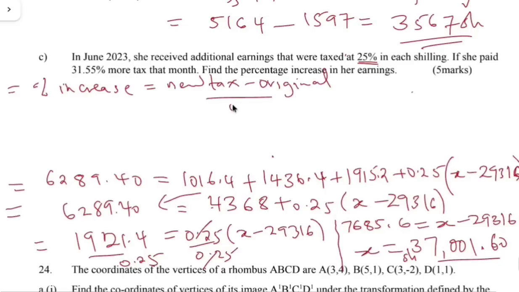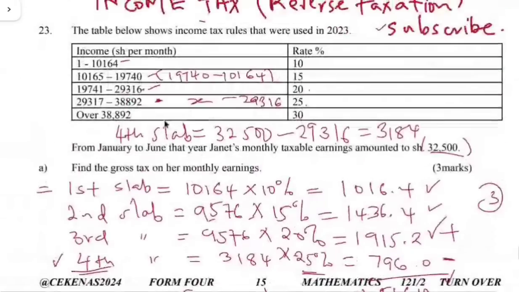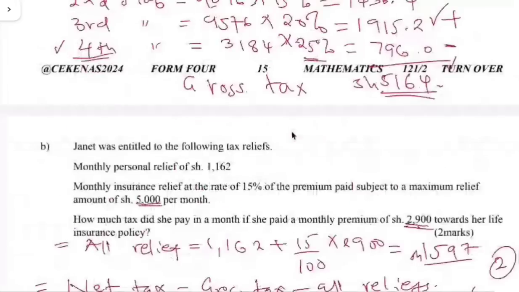divide by original, multiply by 100. Okay, so your new is given by 37,001.60 minus your original, and your original is 32,500.